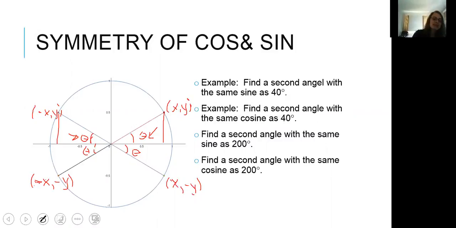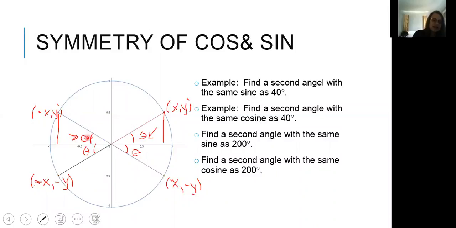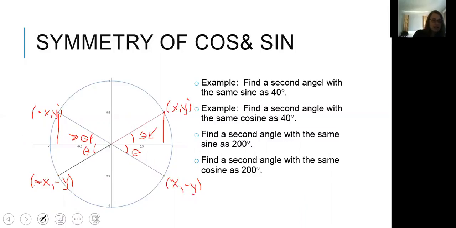Now, you may say to yourself, but wait a minute. We don't measure angles from the negative x-axis. You're right, we don't. What that means is the sine of this angle, that I will call alpha, is the same as the sine of my original angle, theta.